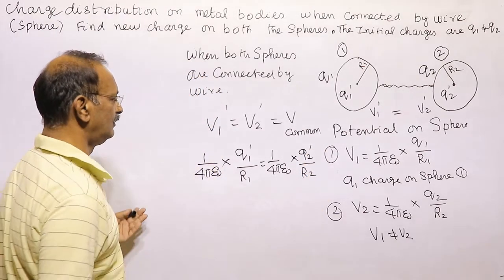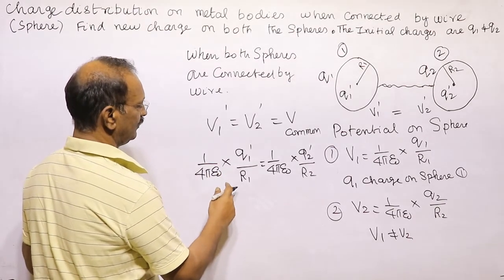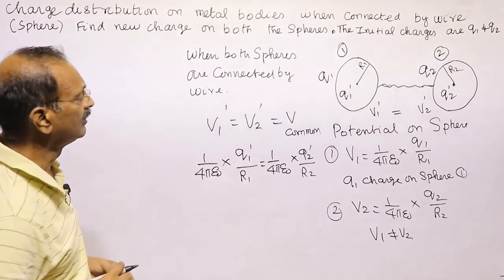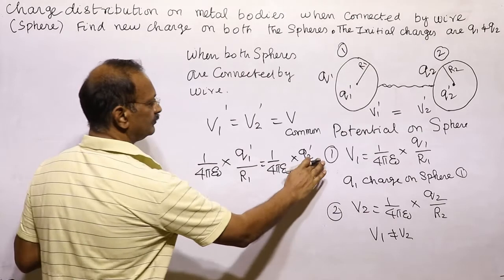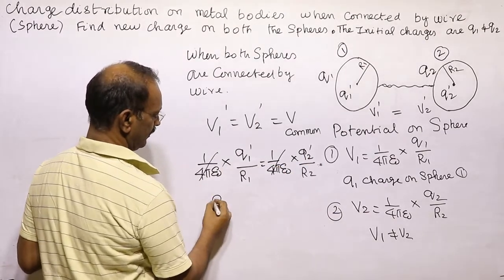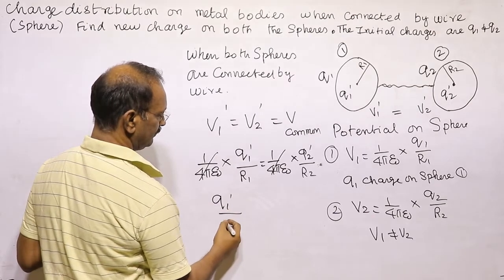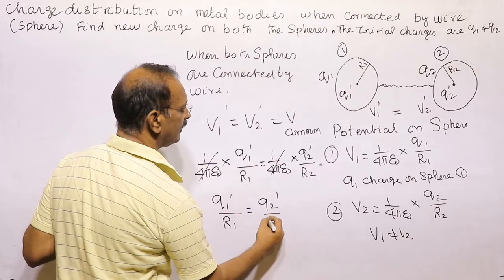Since both are equal, we can cancel the constants. So, Q1 dash by R1 is equal to Q2 dash by R2.